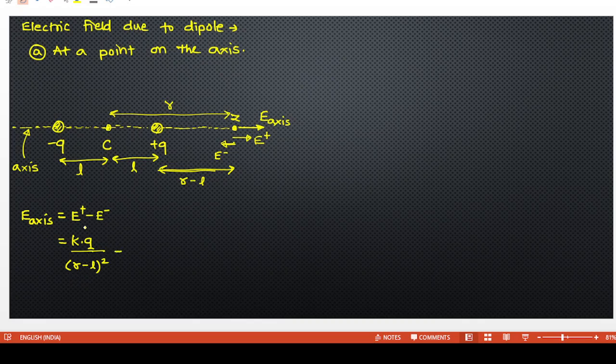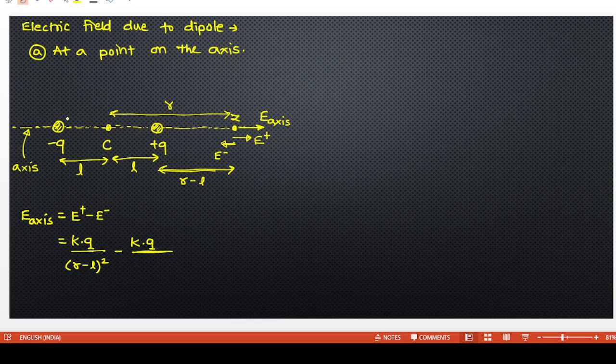Minus electric field due to negative charge. It will be also kq upon r square. We have to write magnitude. So k is k. Q is not minus q. You are finding magnitude. Magnitude of electric field due to minus q. So k is k, q is q. Don't put minus q here. Upon r square. For r, you need this total distance.